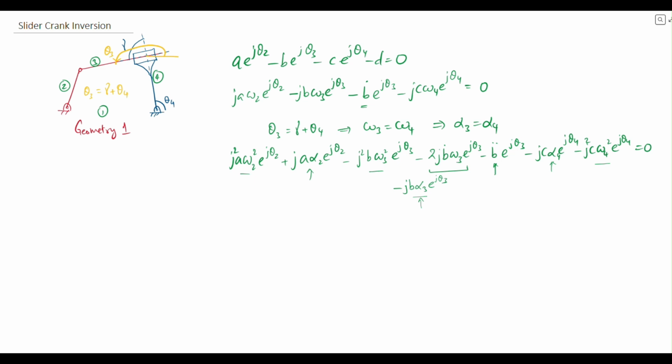So for the force analysis of this mechanism, we will consider, say, a body like this is the crank. There is a link here, and then there's a coupler link on which there is a sliding block.